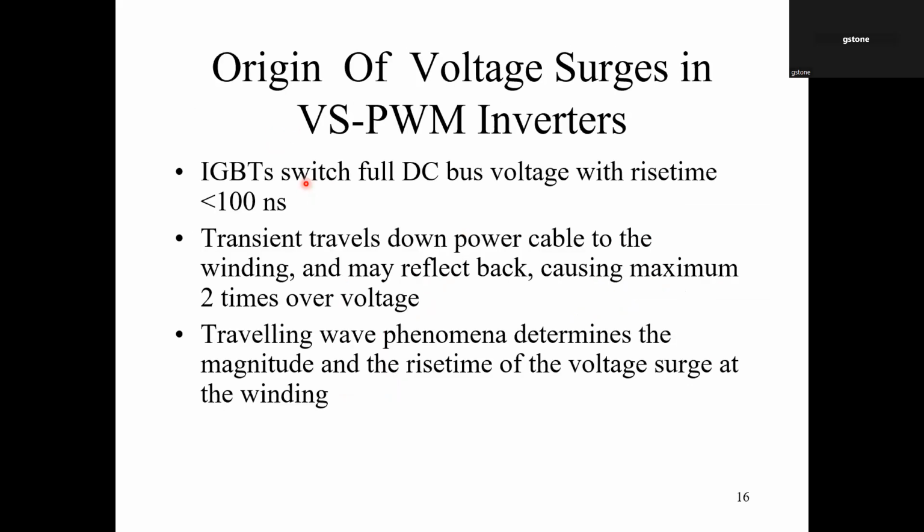Okay, so the origin of the surges are, of course, as we're turning on and off this DC bus voltage, and those switches have relatively fast rise times.